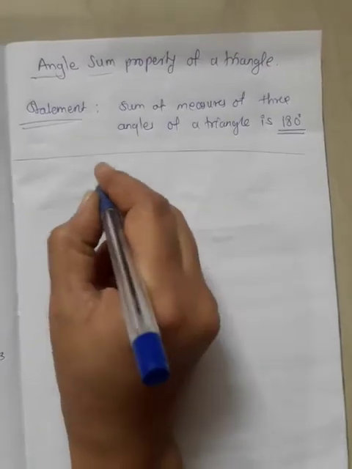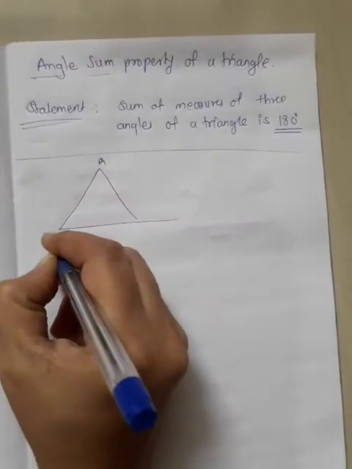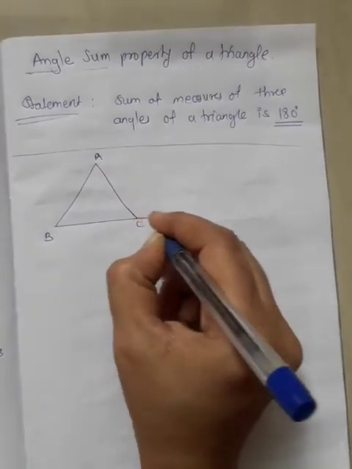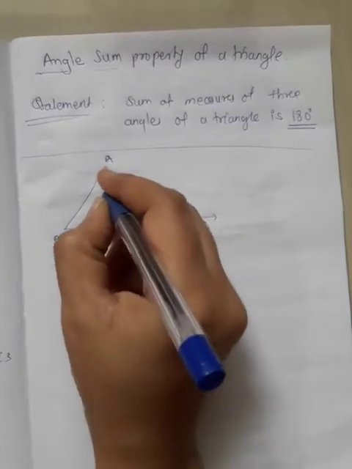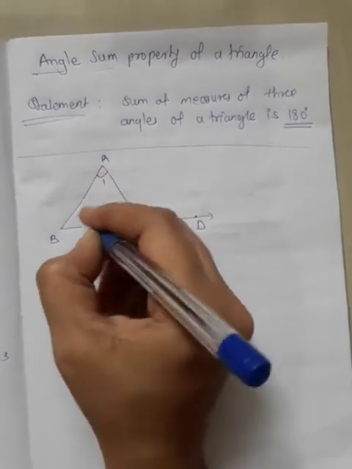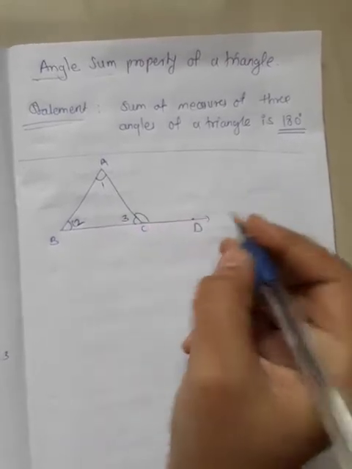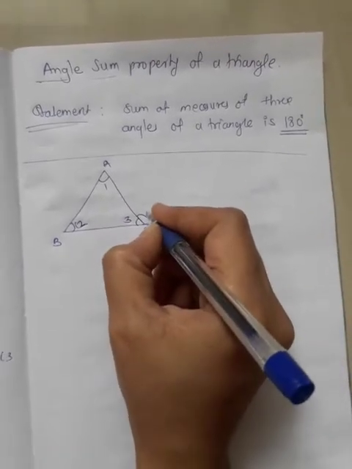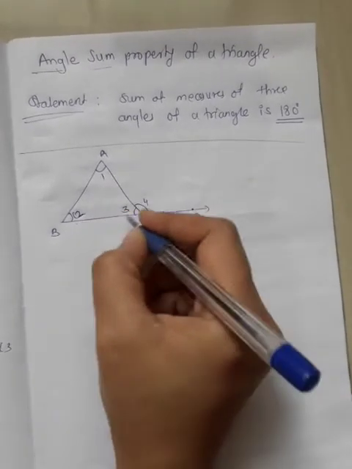If you draw triangle ABC and extend the side BC on the right, see here angle 1, angle 2, angle 3, and this is angle 4. Give them the names 1, 2, 3, 4.